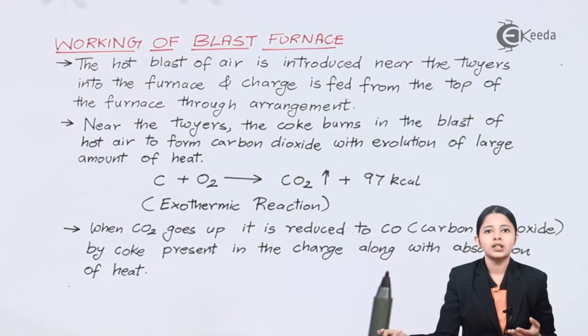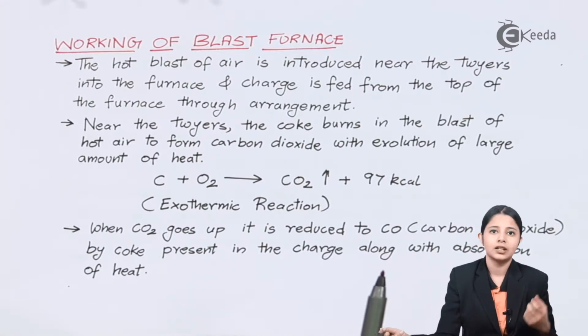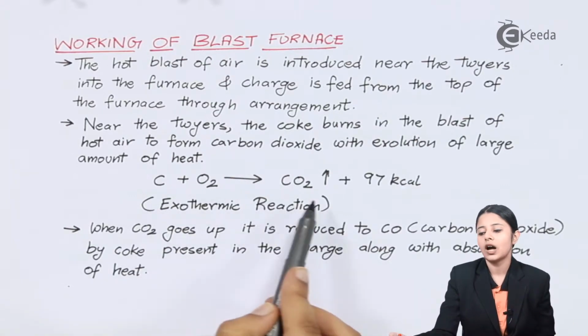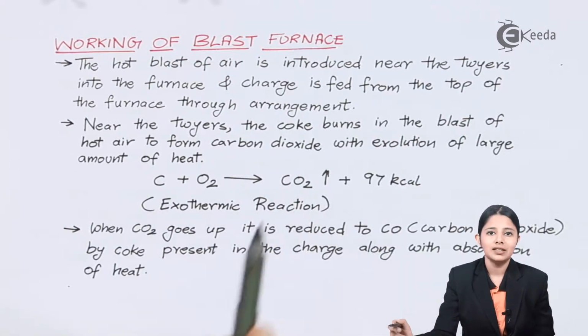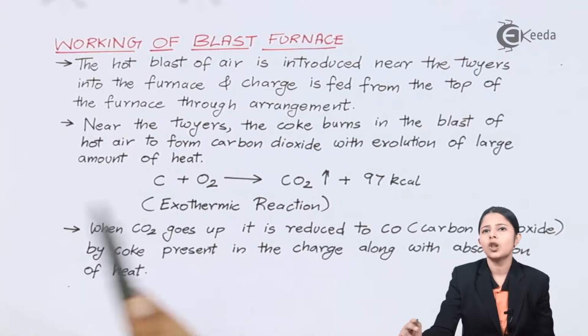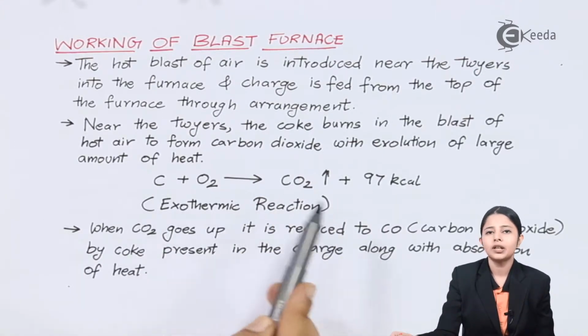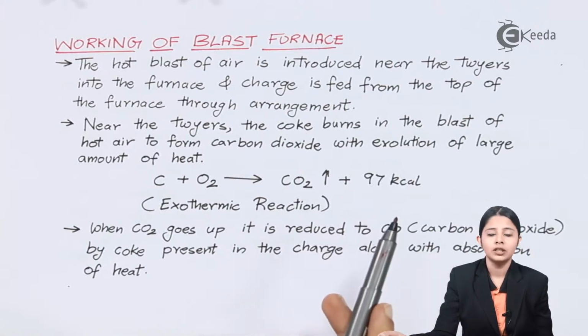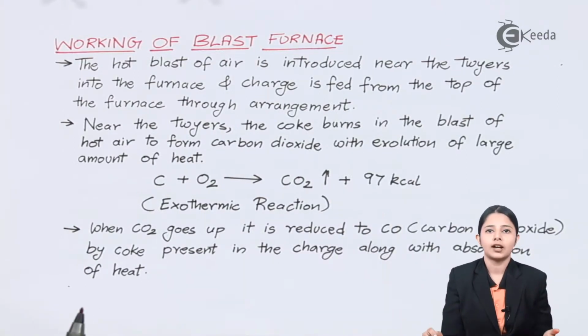Now the next part is we have to trap the heat. The heat should not just go away from the blast furnace, and that is why we have carbon dioxide. Carbon dioxide is the gas responsible for trapping a lot of heat, and since carbon dioxide traps the 97 kilocalories of heat, this helps in the further reactions.